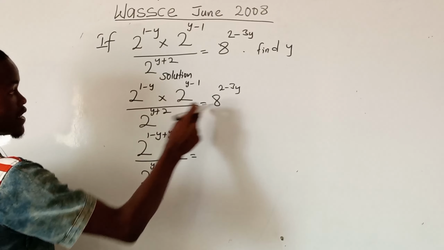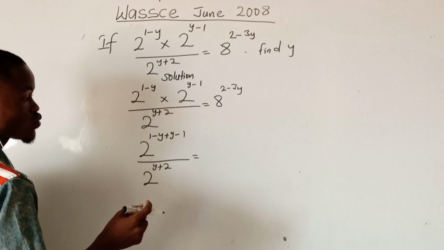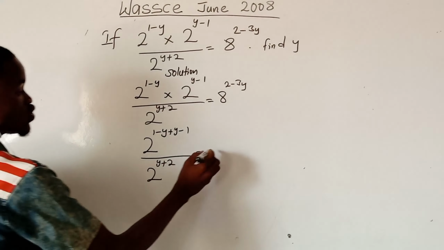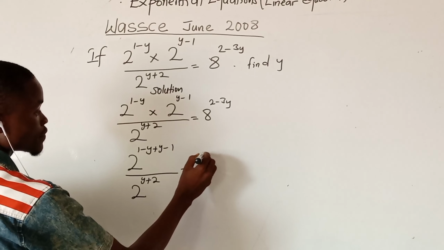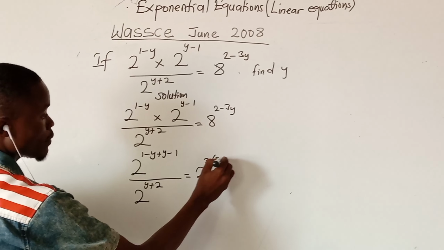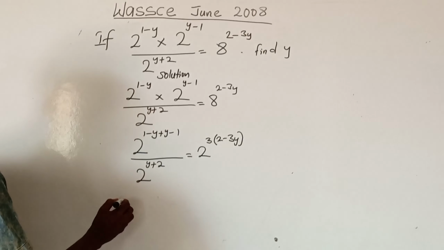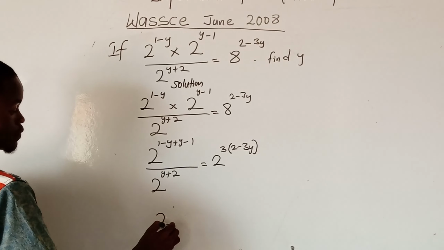You express this 8 in index form. That is 2 times 2 times 2, which gives you 8. So 2 raised to the power 3, you open a bracket because there is a power, 2 minus 3y. So we take 2.